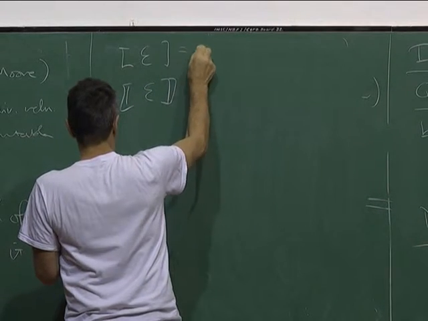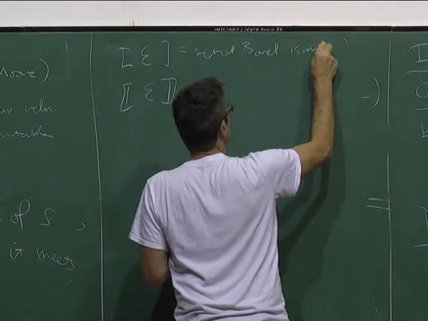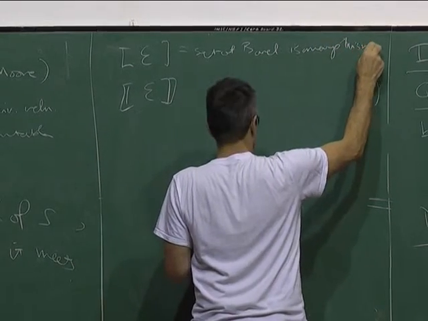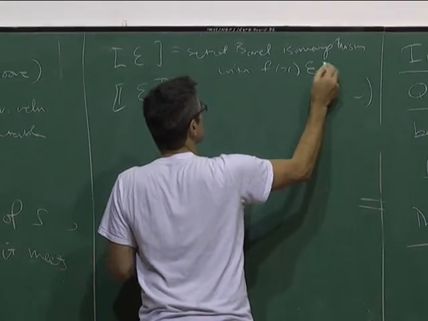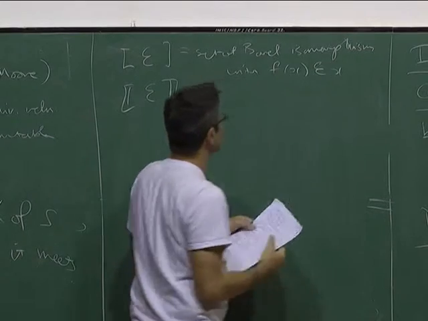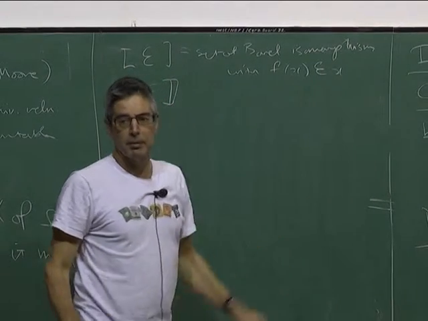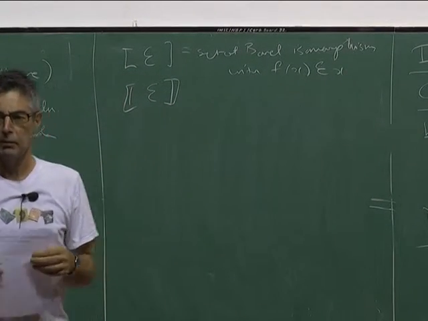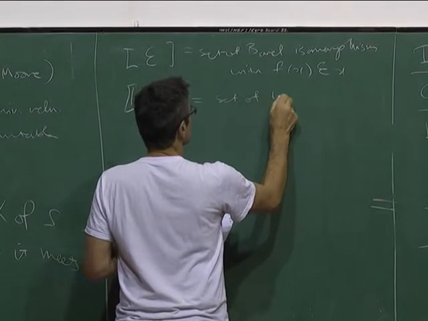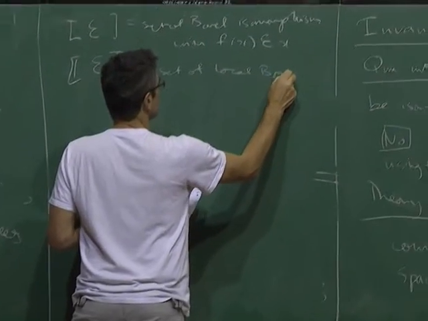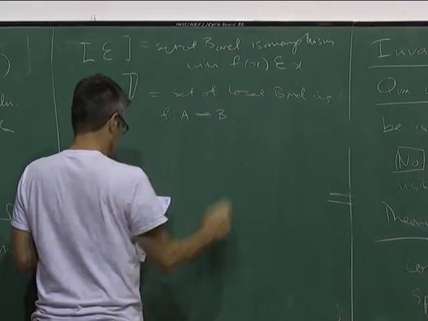So E is the set of Borel isomorphisms f with f of x, E, x. So, for example, multiplying by a group element keeps you in the same equivalence class, but there might be other Borel isomorphisms which do the same for us. And E is a set of local Borel isomorphisms, f from A onto B.